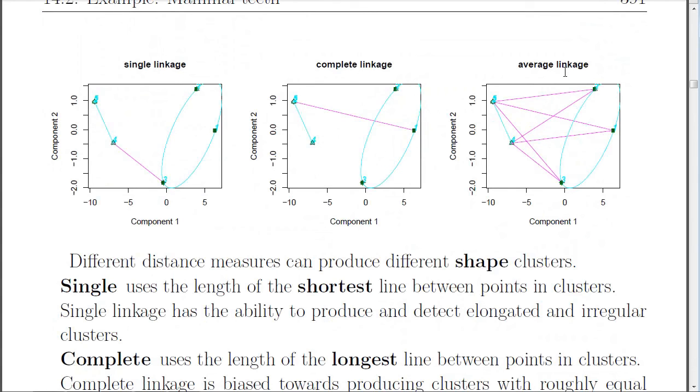And average linkage does what you think. It looks at all pairwise distances for all these points and then takes the average. And using these different strategies to compute the distance between clusters gives you different characteristics on how clusters agglomerate into bigger groups.